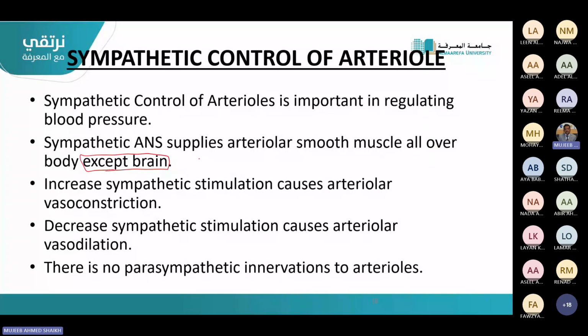Every blood vessel receives a sympathetic nerve; the arteriole is controlled by the nerve, except the brain vessels. Brain vessels do not receive any sympathetic supply. Otherwise, what will happen? If you become so excited, the blood flow to the brain would become less because of vasoconstriction. So there is no sympathetic supply to the arterioles of the brain.